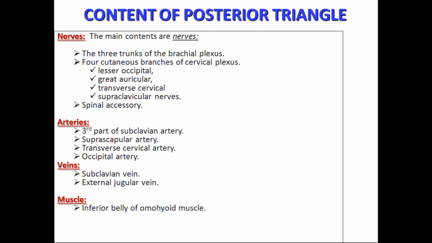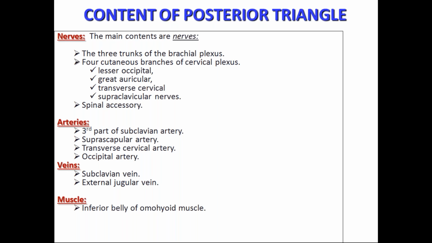So three trunks of the brachial plexus, four cutaneous branches, and one cranial nerve, the spinal accessory. What are the arteries? The third part of the subclavian artery, suprascapular artery, transverse cervical artery, and occipital artery.